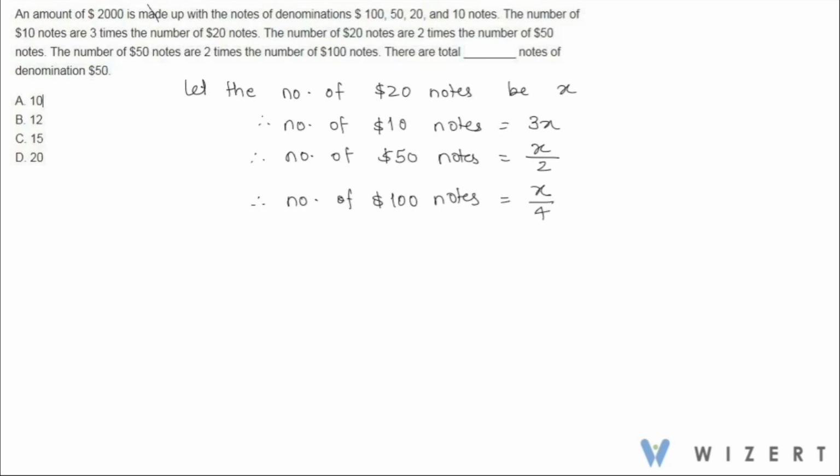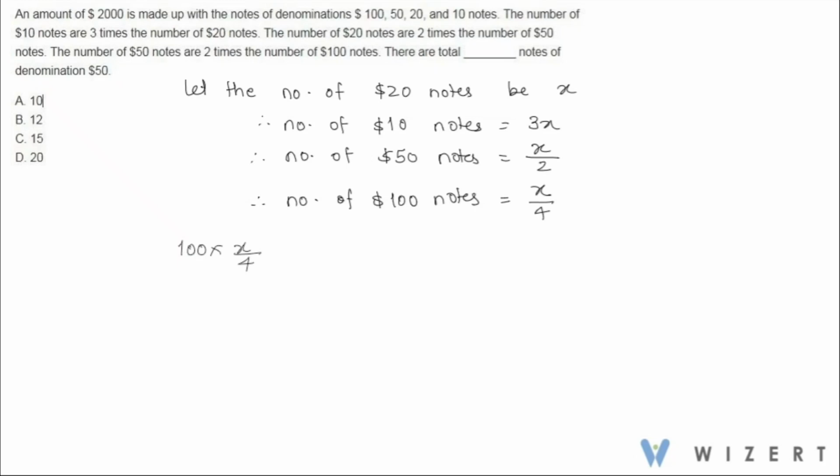Now the total money that these notes make amounts to $2,000. So since it's $100 notes, it will be 100 multiplied by x by 4. If I have two notes of $100, I'll have 2 into 100, that is $200.